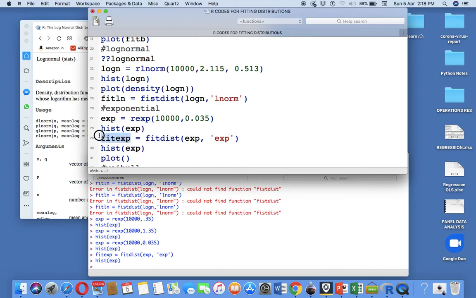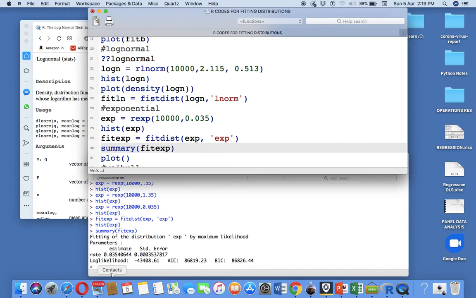And I plot this. Yeah, this should have been summary. Summary. That gives us back the parameters. The parameter 0.035 is what we've used, right?